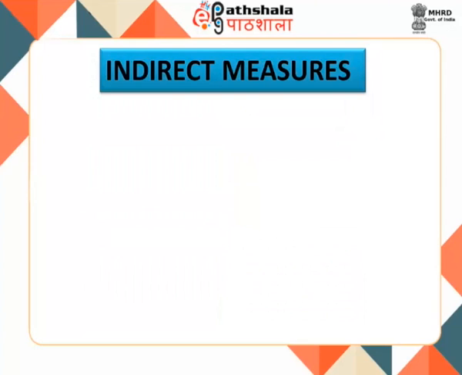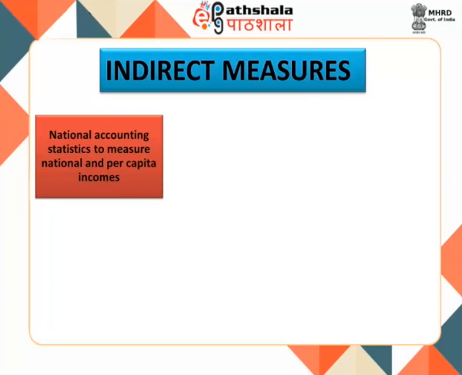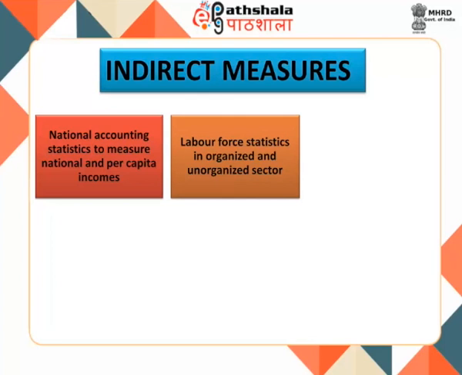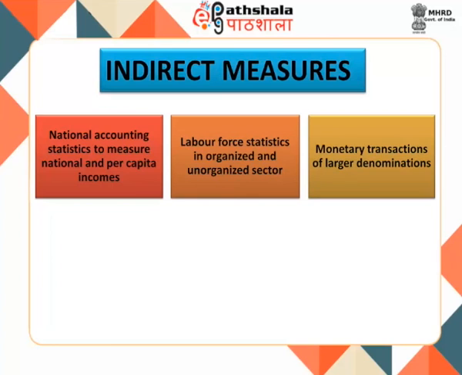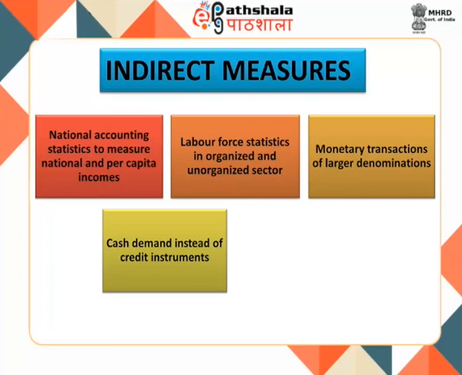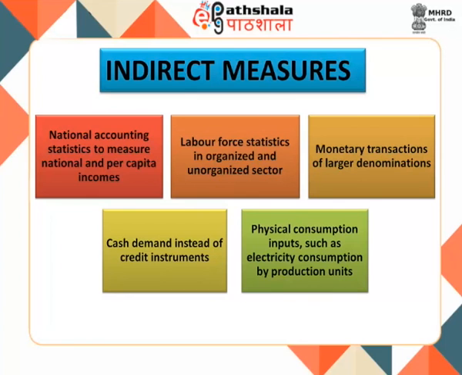The indirect measures include the use of national accounting statistics to measure national and per capita incomes, labor force statistics in organized and unorganized sector, monetary transactions of larger denominations, cash demand instead of credit instruments, and physical consumption inputs such as electricity consumption by production units.